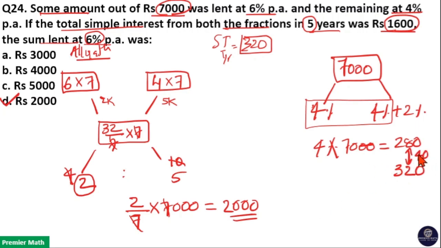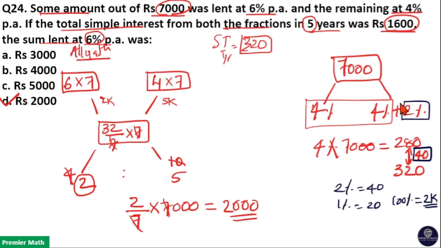So here this 40 is extra 40 rupees. This extra 40 is received from this 2%, because 4% is 280 but annual interest is 320. So difference between 320 and 280 is equal to 40. So this 40 is this extra 2%. If 2% is 40, then 1% is 20. Then 100% is 20 into 100, that is 2000.